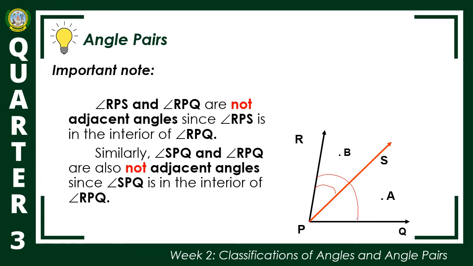They are not adjacent angles since angle RPS is in the interior of angle RPQ. Okay? So, yung RPS daw ay nasa loob na mismo ng RPQ. Though sila ay nag-share ng common vertex at ng common side which is ray PR, hindi sila pwedeng maging adjacent angles dahil lahat ng interior points na nasa loob ng RPS ay nasa loob na rin ng RPQ.